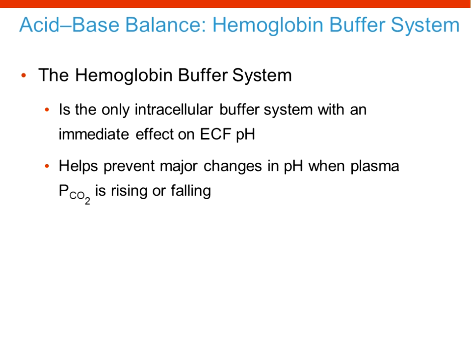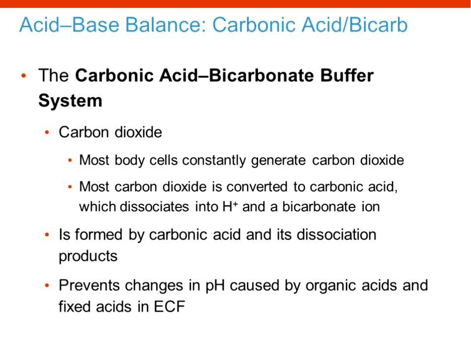Hemoglobin is found in red blood cells. Red blood cells are only found in the plasma of our system. So this is the only intracellular protein system that has a very immediate and pronounced effect on plasma pH levels, and plasma is part of the extracellular fluid. Okay.